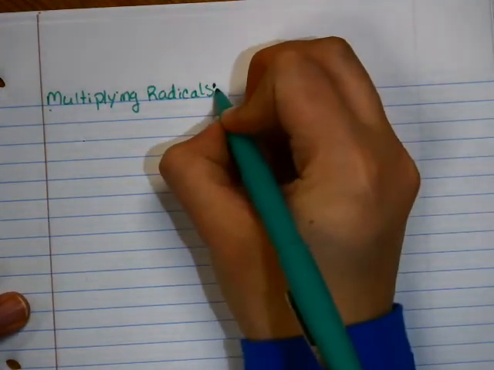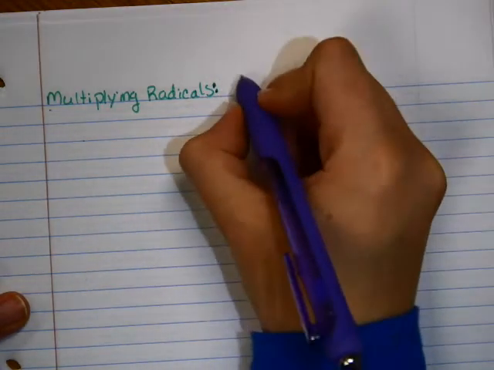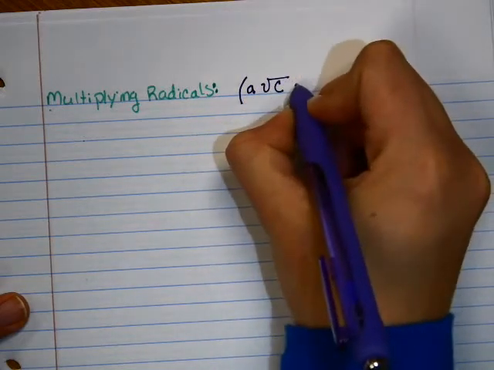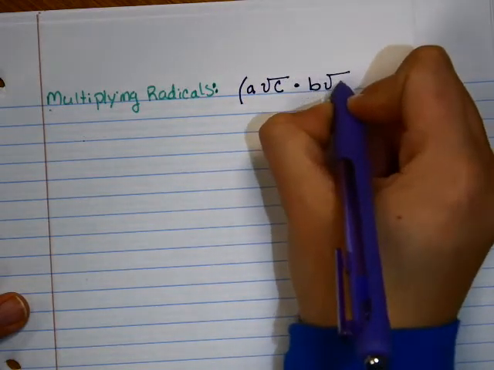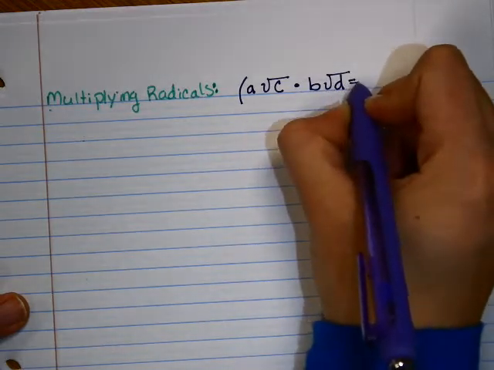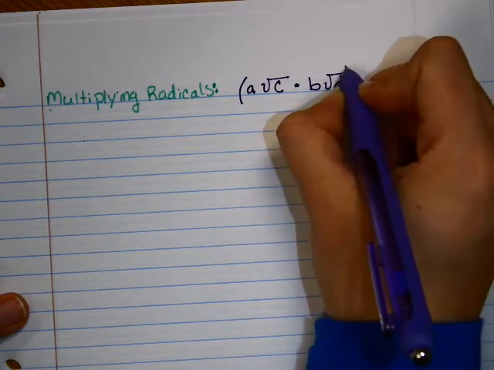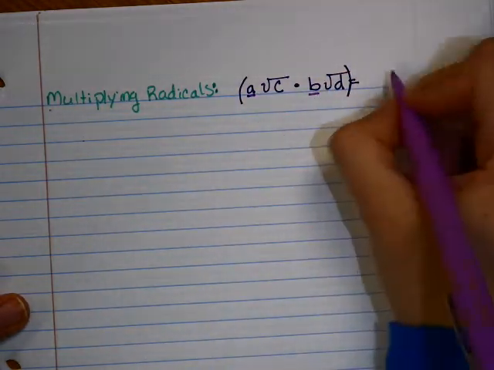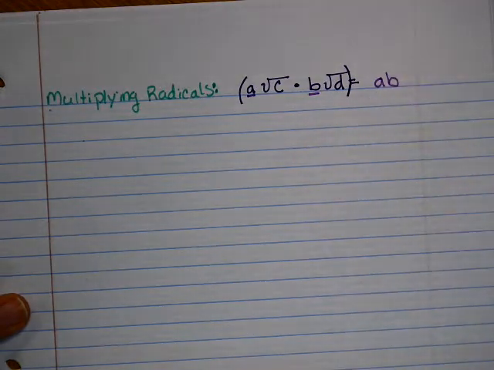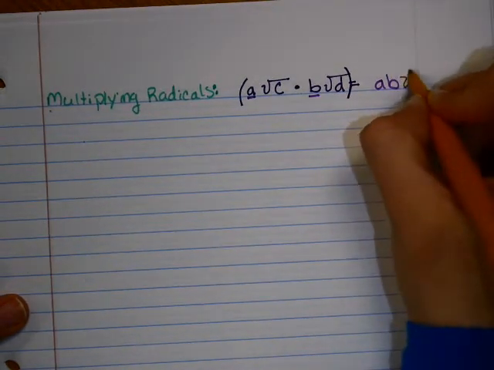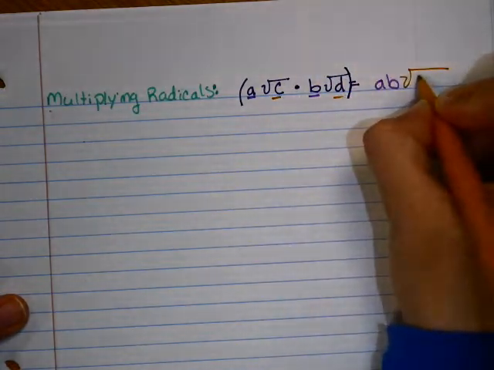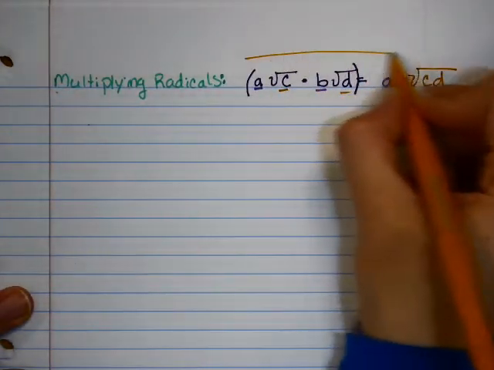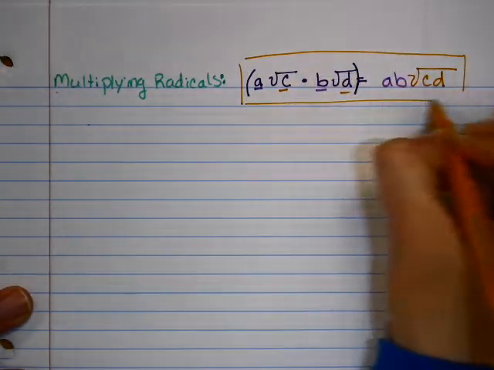If I take a square roots of c and I multiply that by b square roots of d, what I'm really looking at is I multiply the two outside terms, so a times b, and I multiply the two inside terms, c times d. And then from there we can simplify. Okay, so here's your rule for multiplying radicals.